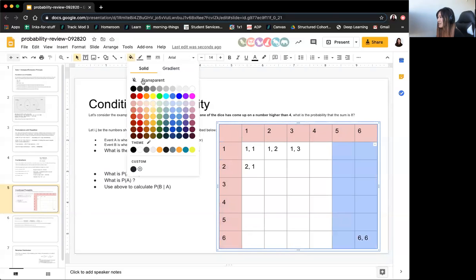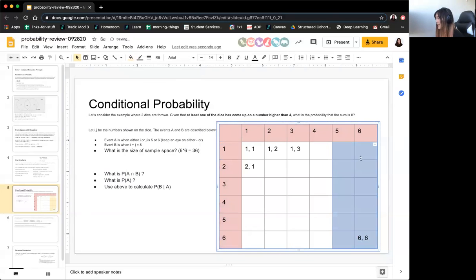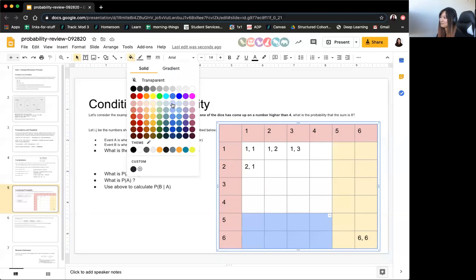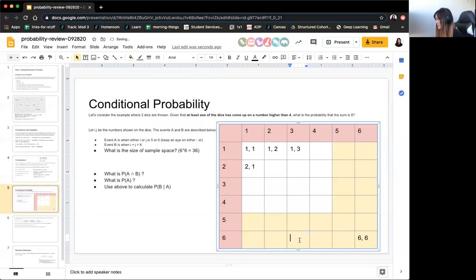Let me color this in one color. Now, J being 5 or 6 is going to be all of these outcomes. It's going to look very symmetrical as well, something to note. But this is your event A.